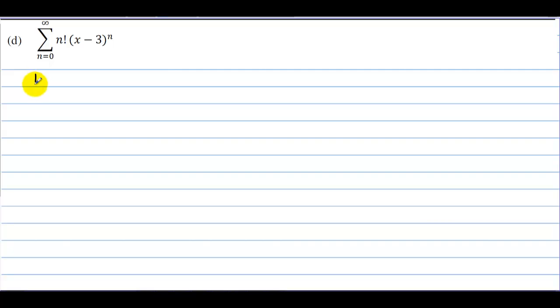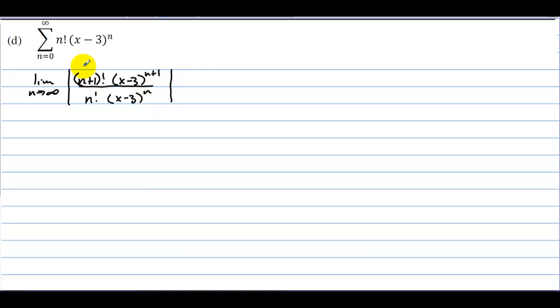Let's look at letter D. We have the limit as n approaches infinity of the absolute value of n plus 1 factorial times x minus 3 to the n plus 1, divided by n factorial times x minus 3 to the n.